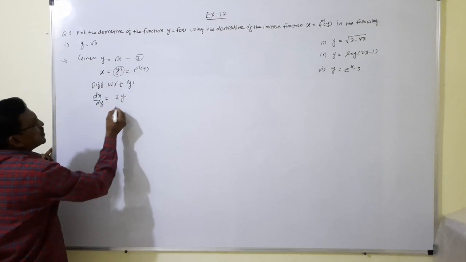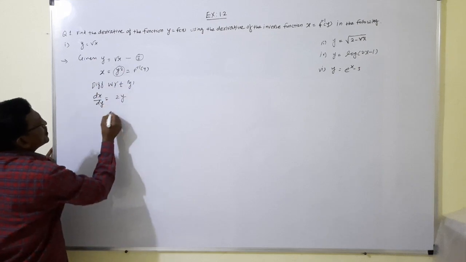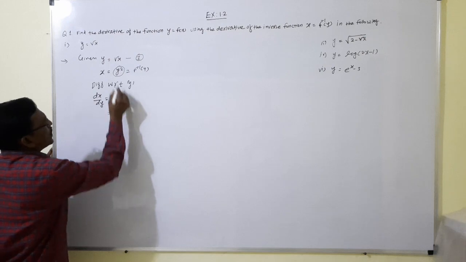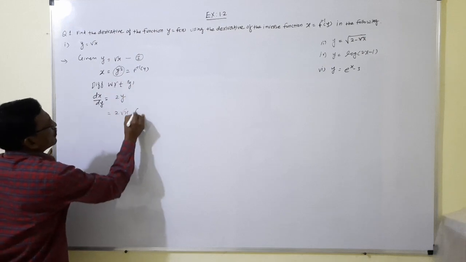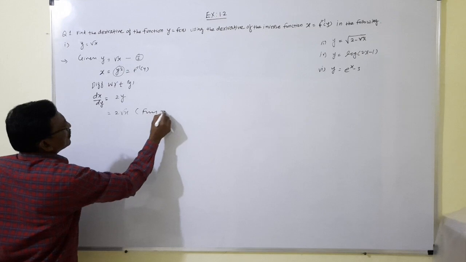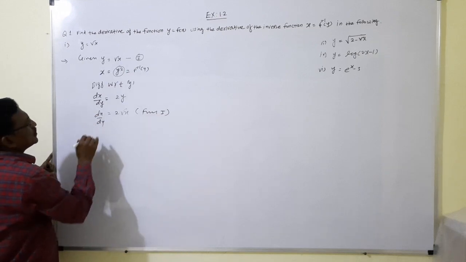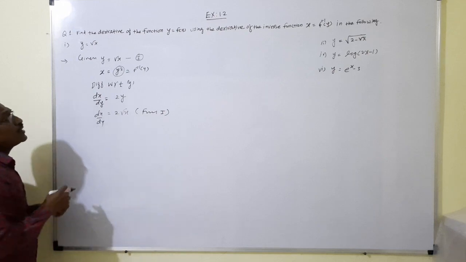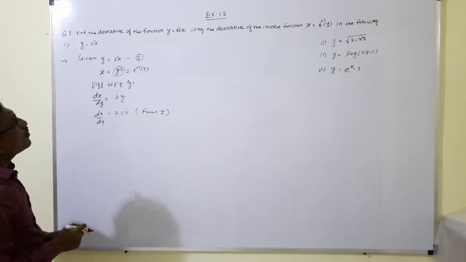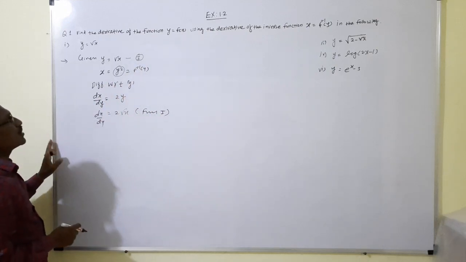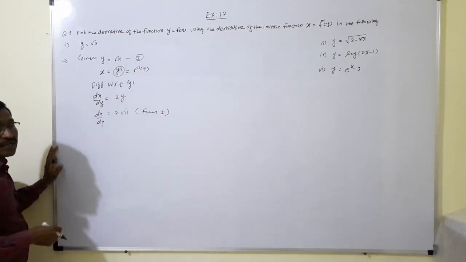Now by using the first equation, y is root x. We have to find the derivative of y with respect to x by using this inverse function, which means we have to find dy by dx.